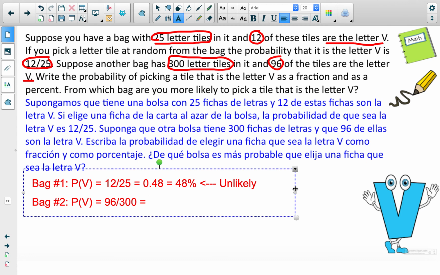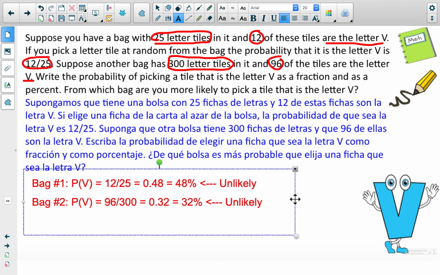So we're going to divide this to figure out the percent, and I already know it's going to be less than bag 1 because bag 1 was close to 50%, and half of 300 is 150, which would be 50%. So this is not going to be that close. This is 32/100ths, which is 32%. So this is also unlikely.